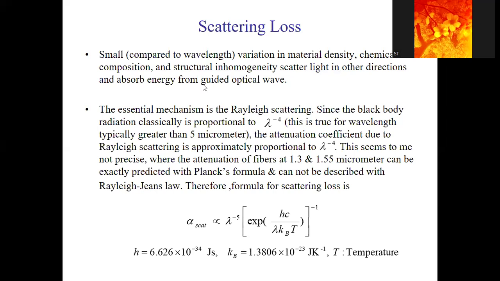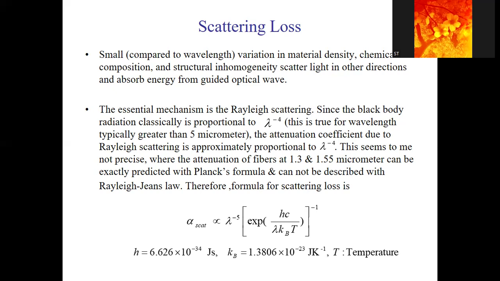Scattering is basically due to the material property. If there is a variation in the density or chemical composition, or a non-homogeneous structure, then the light will be scattered in other directions and absorb energy from the guided optical wave. So this will also result in attenuation or power loss.